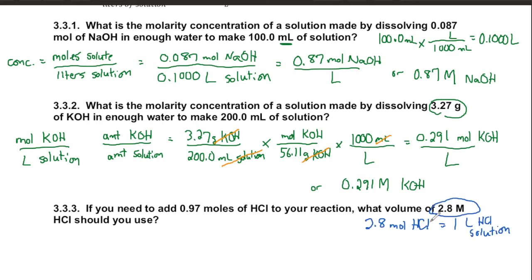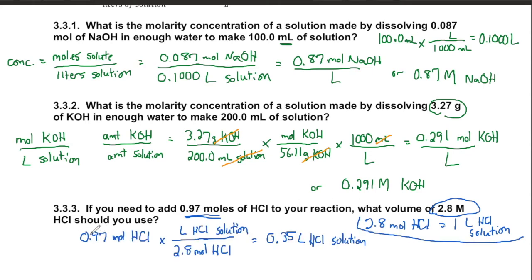This next problem gives us the molarity concentration. And so what that means is that we are given the relationship between the moles of solute, the moles of HCl, and the volume of solution, the liters of solution. So this 2.8 capital M means that there are 2.8 moles of hydrochloric acid in every 1 liter of our hydrochloric acid solution. We're going to use that relationship to convert the moles needed into the volume that's needed.